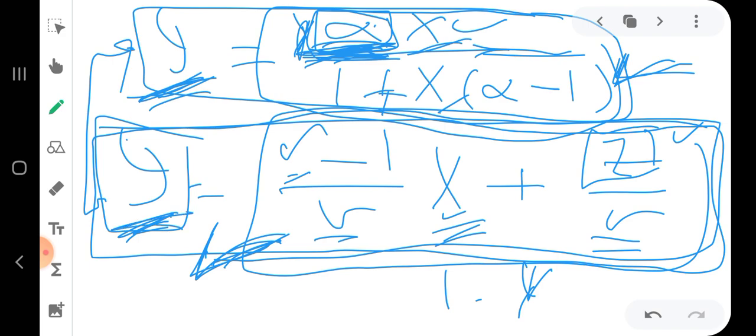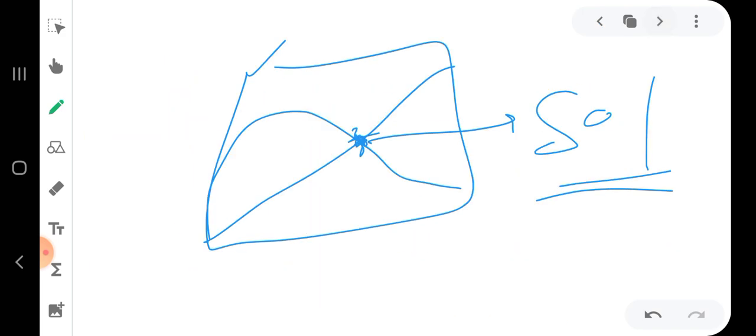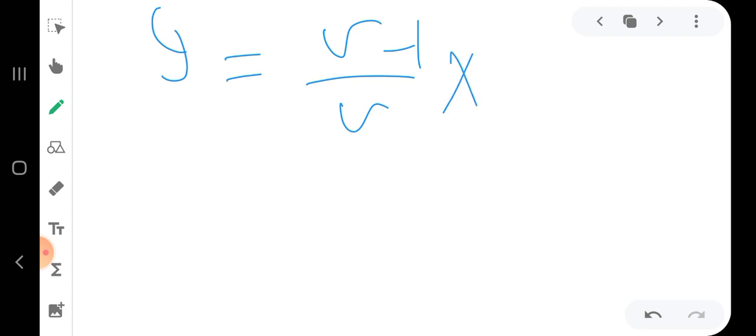Let's write the equation again: y equals (nu minus 1) over nu times x plus z over nu. Remember that x, y, and z are for the more volatile component, which has the lowest boiling point.